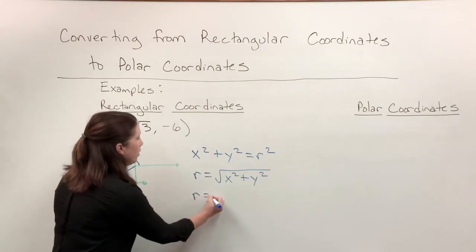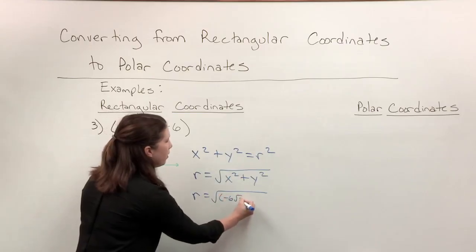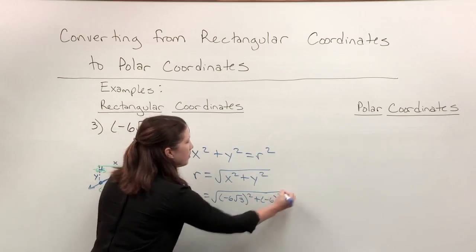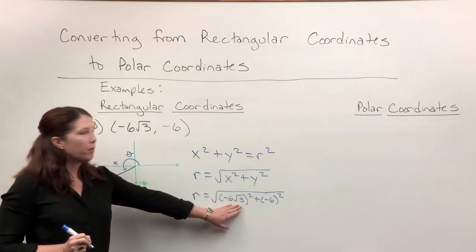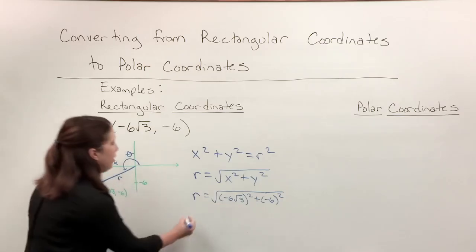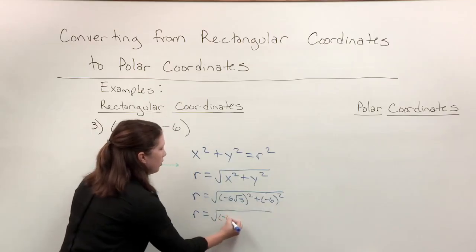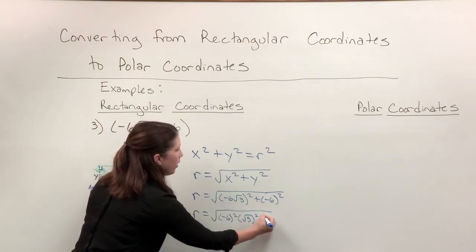In this example, x is negative 6 square root of 3, and y is negative 6. When squaring negative 6 square root of 3, remember that both the negative 6 and the square root of 3 need to be squared. So we have negative 6 squared times the square root of 3 squared.